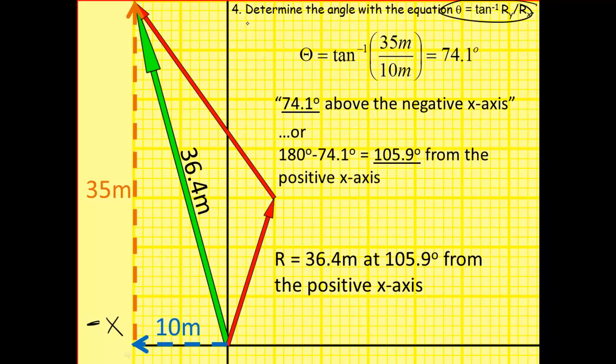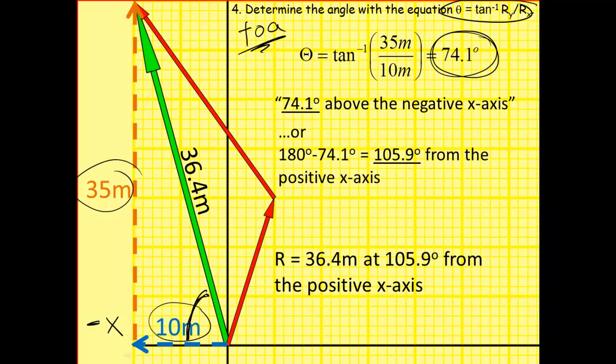Remember SOHCAHTOA: we take the opposite side, 35, and divide it by the adjacent side, take the inverse tangent of it, and that gives us a particular angle. This angle here, from our negative x, is 74.1 degrees. So it's okay for us to say that the angle is 74.1 degrees above the negative x-axis.